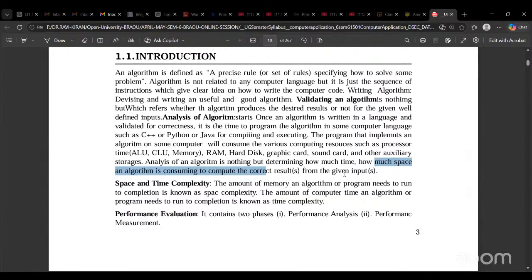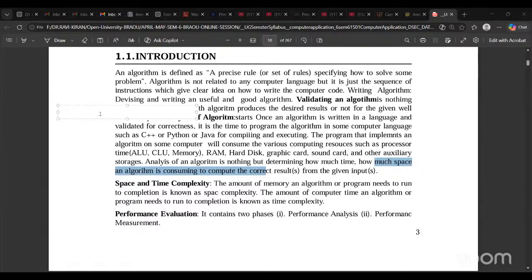So these two factors we have to analyze. First one is time, second one is space. Remember, we require time, we require space.